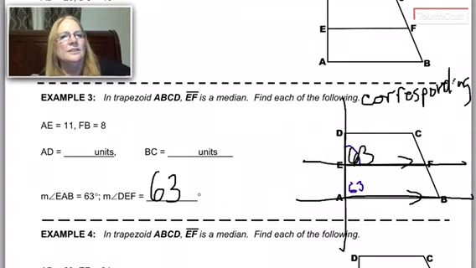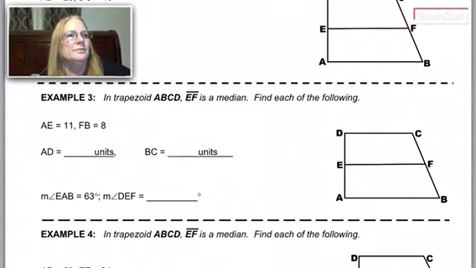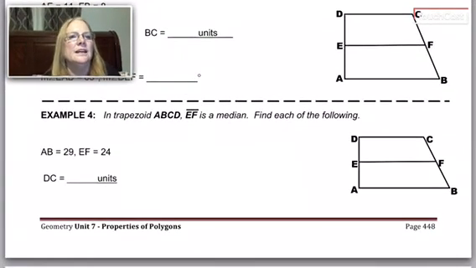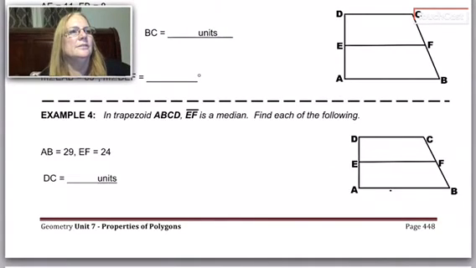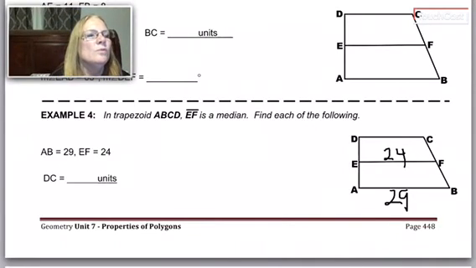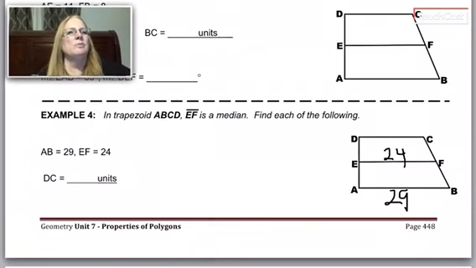So now let's look at the next example. Example 4. AB is 29. And EF is 24. So this time we're given the length of the median and one of the sides. So remember the formula.